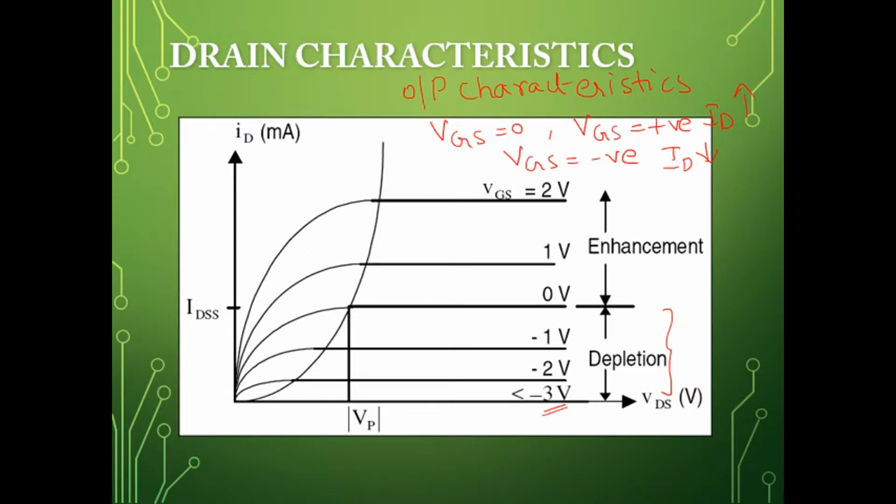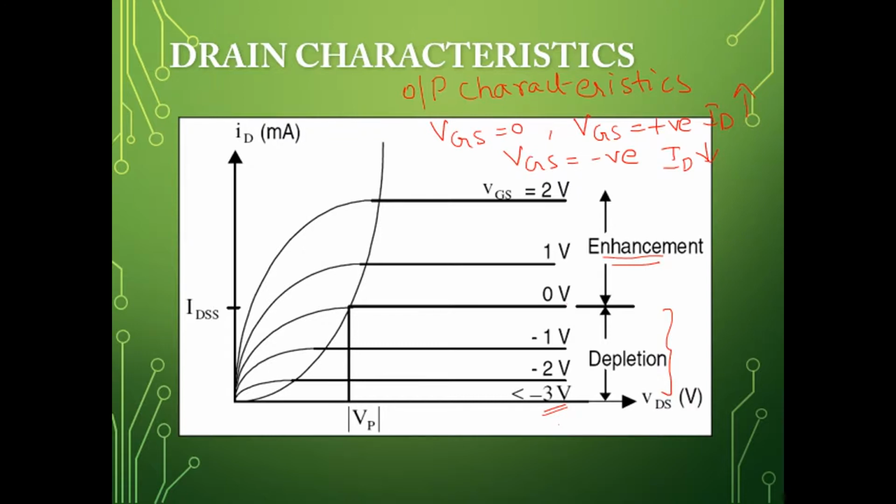But if VGS is positive and 0, the behavior of the MOSFET will be similar to the enhancement type. That's why it is written 0 to 2 volt. The behavior of the MOSFET is similar to enhancement type MOSFET, whereas -1, -2 and lesser values, the behavior is just a depletion type MOSFET.